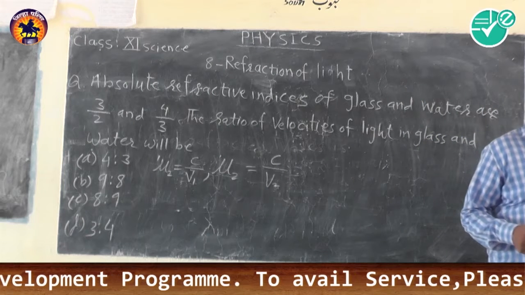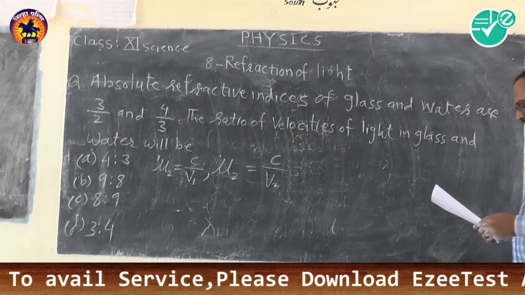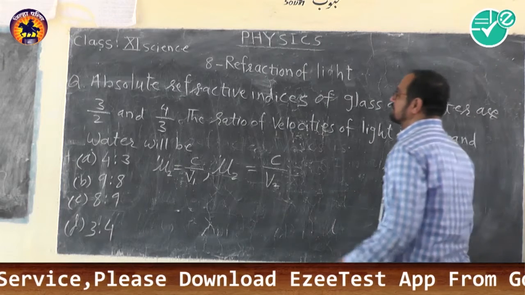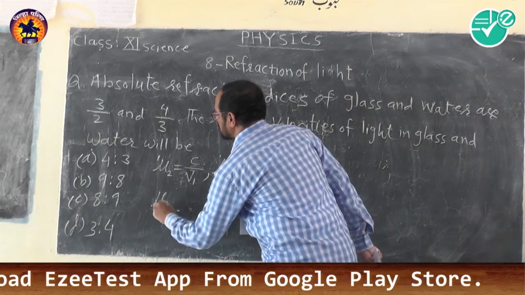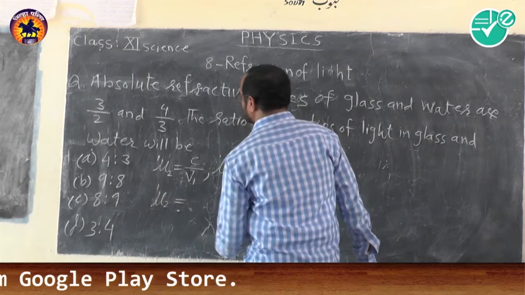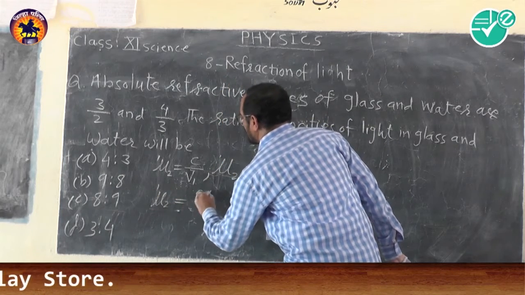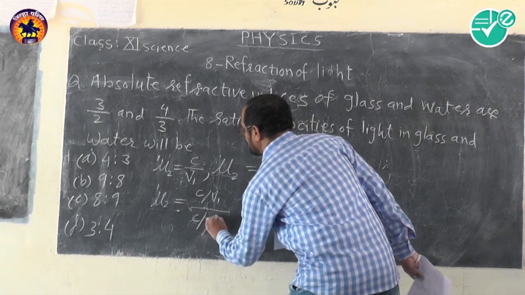Now if we take the ratio of the velocities, as c and c get cancelled, we can write mu 2 with respect to 1 is equal to c upon v1 upon c upon v2.